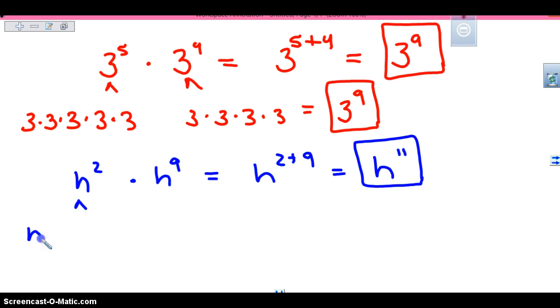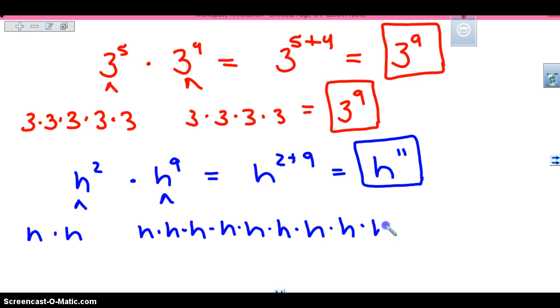This means h times h, and this means h times h times h times h. If we count all these, do we have 11 h's? 1, 2, 3, 4, 5, 6, 7, 8, 9, 10, 11. H to the 11th power.